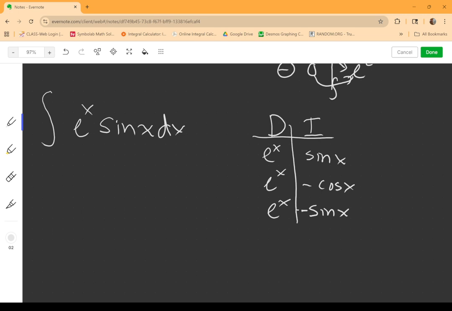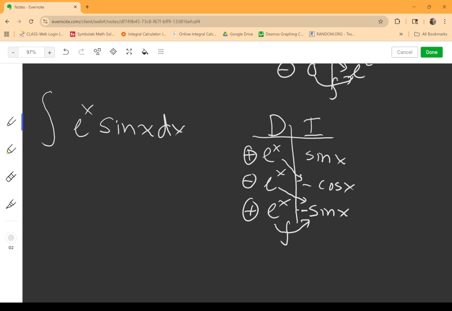And I'm going to stop here. Now it's almost like a little trick that's going to happen. I'm going to take the same approach, but notice that, unlike the previous examples, I don't get 0 for my last integral, and that's going to be okay.